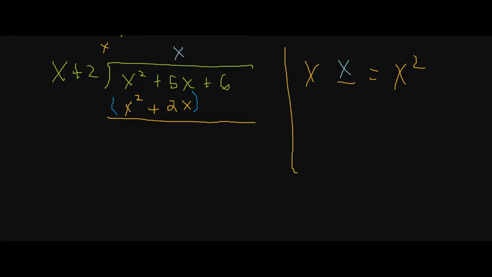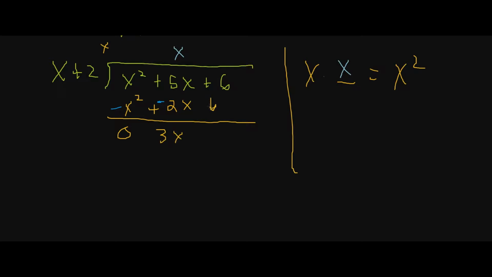That's kind of hard to work with. So when we're doing long division, all we have to do is flip the signs. This is positive, we'll flip the sign. That's the same thing as subtracting. So what's x squared plus negative x squared? That gives me 0. 5x plus negative 2x is going to give me 3x.